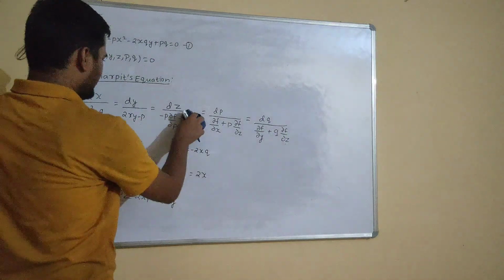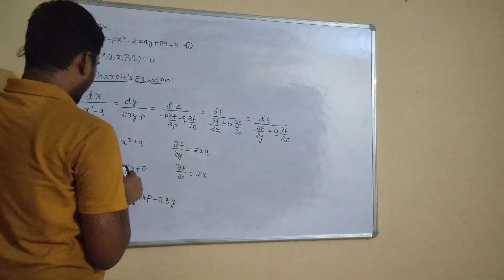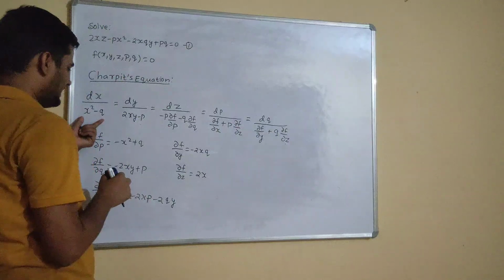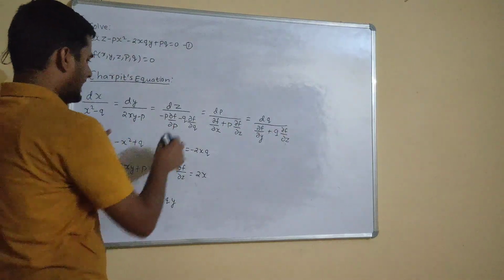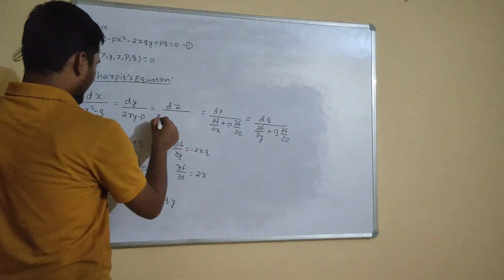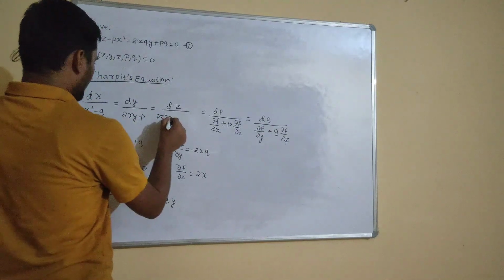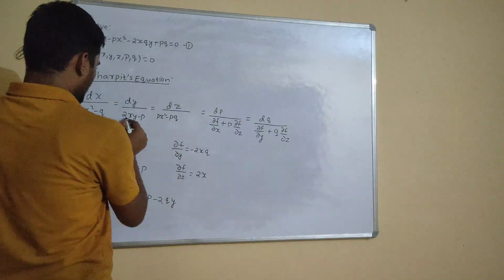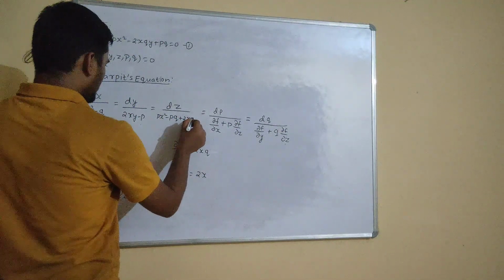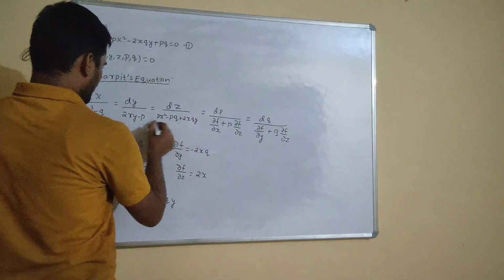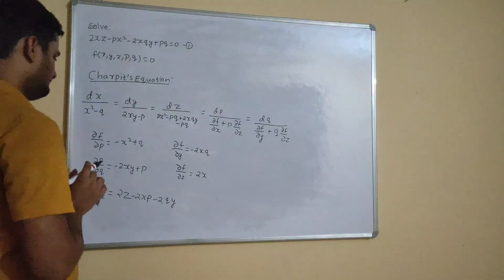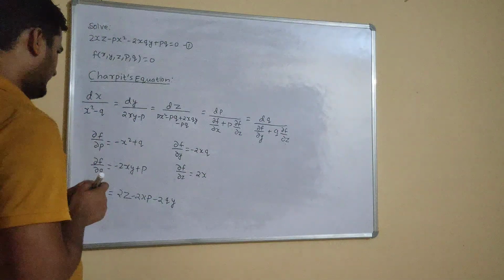Here we'll have a bigger term, p multiplied by this, because I have already considered the negative sign here, and this multiplied by q. So I will get px square minus pq, this multiplied by q, so 2xyq minus pq. Fine.